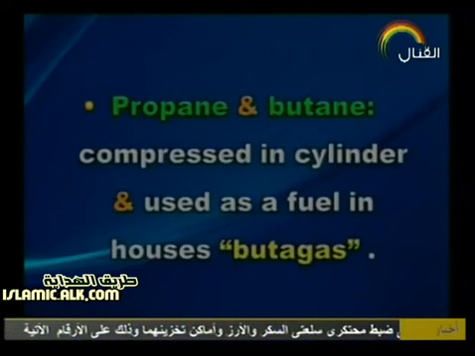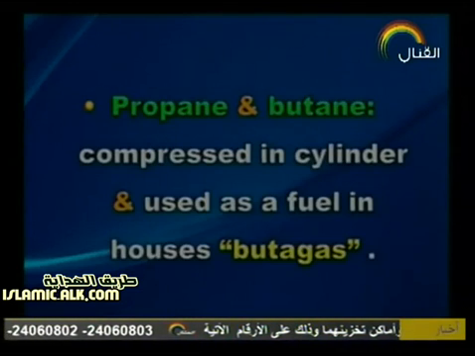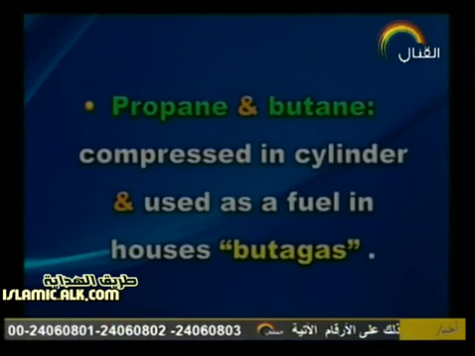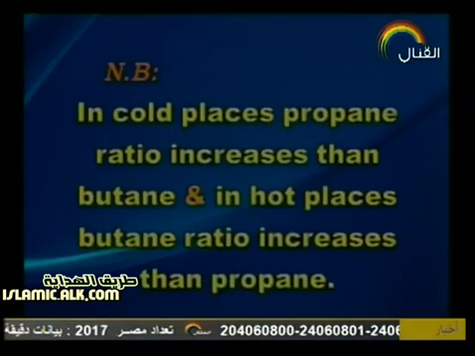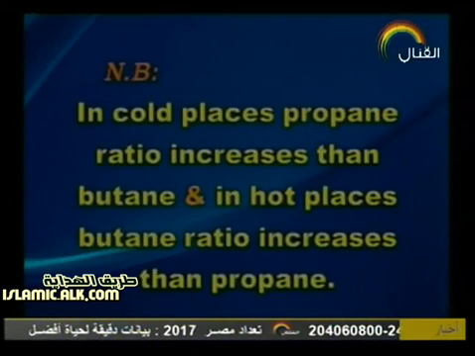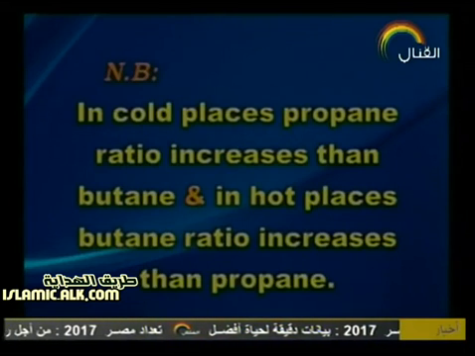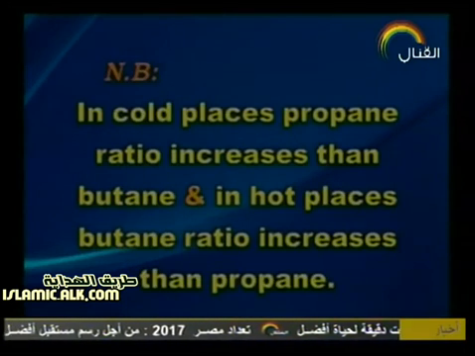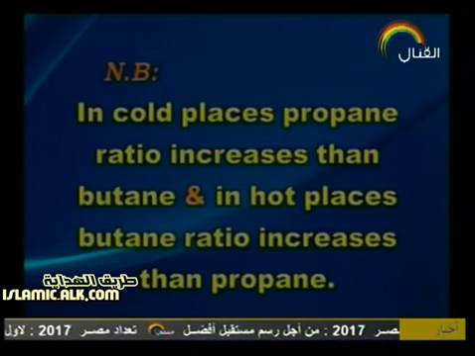While propane and butane in compressed cylinders are used as fuel called butagas in houses. My dear students, notice that in cold places, the propane ratio increases over butane in the butagas cylinders, while in hot places, the butane ratio increases over propane.